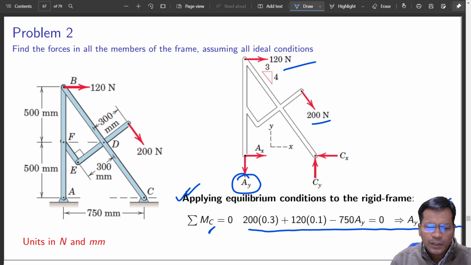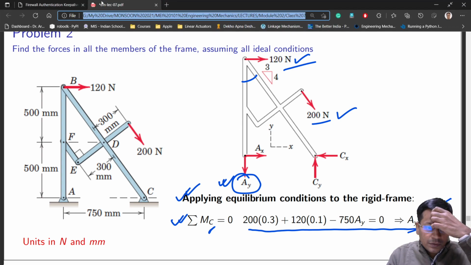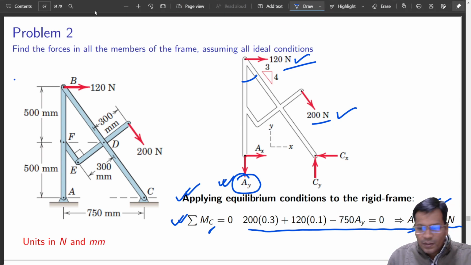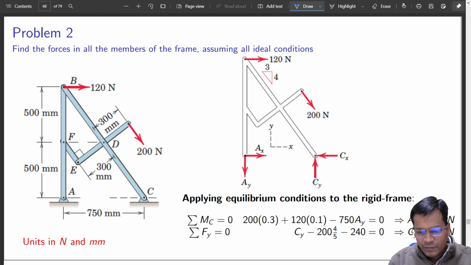This should be doable. This angle is well known. Distances are given. Values are given. This is the only unknown. So the moment balance equation creates this. AY is found out. Next will be the summation of all vertical forces should equate to 0. Vertical forces, AY was found out.